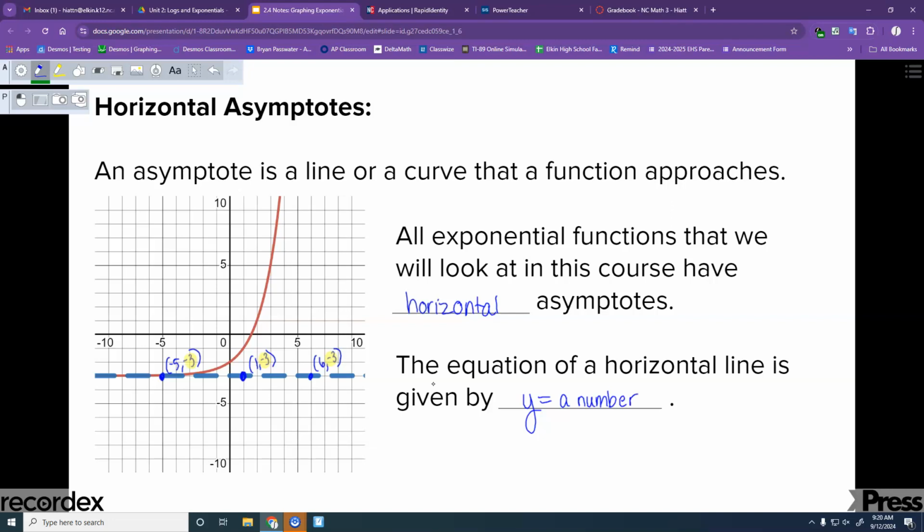It seems backwards. Like this particular line is y equals -3. It seems backwards because the y-axis, is it horizontal? It is not. Y-axis is vertical. But this is backwards. Y equals a number are your horizontal asymptotes. X equals is going to be vertical. Okay, questions?